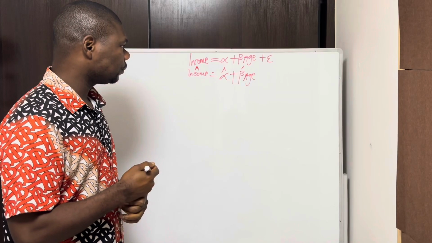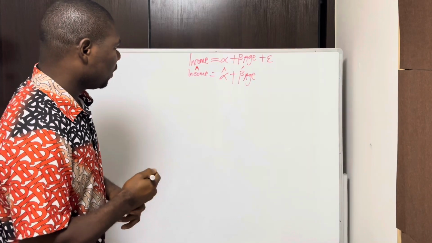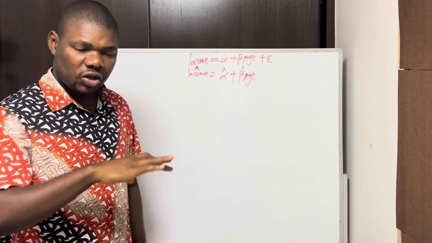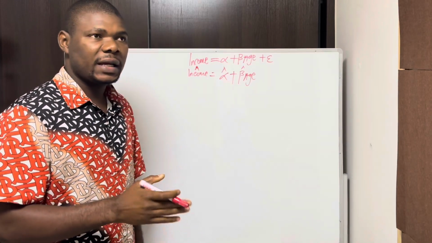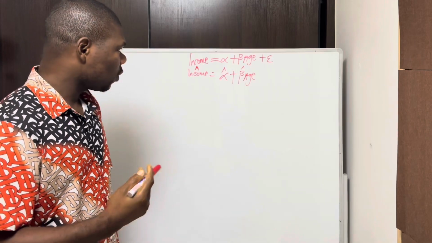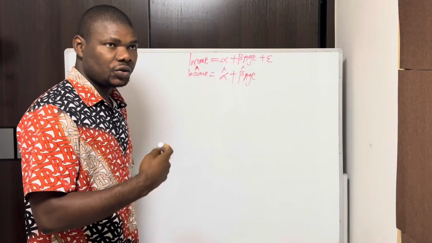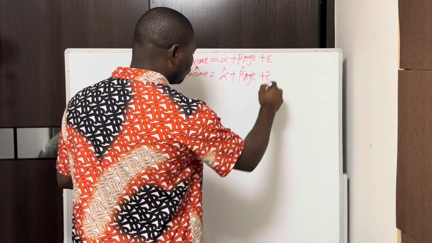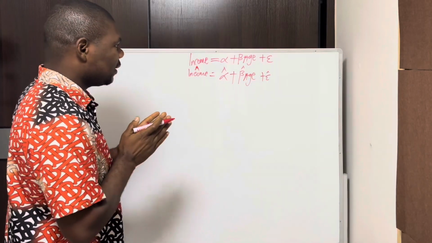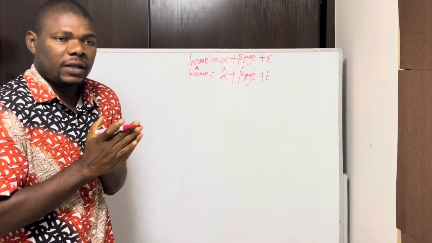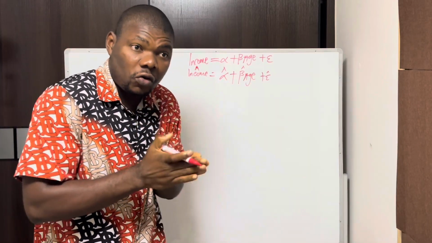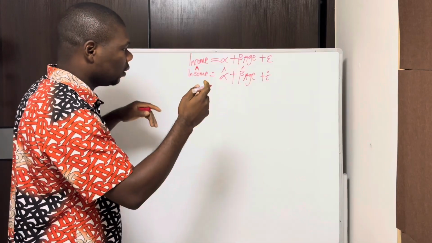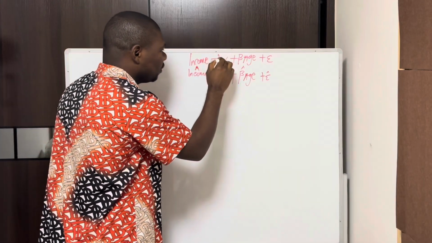The point I'm trying to make now is that any regression model we can decompose into two parts. The first part is what we have control over. If you run this model, it's basically estimating this.